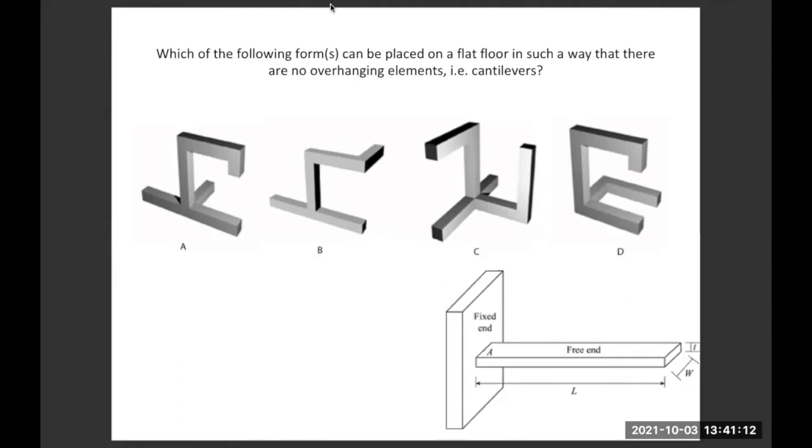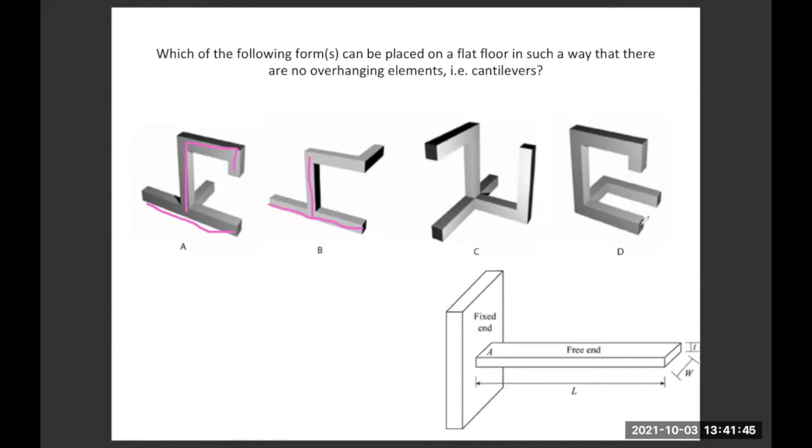So in this case, the correct answer is A, B, and D. If you place A along an axis where, what I'm drawing, this pink colored line, is kept on the floor, then there are no overhangs in option A. Similarly, in option B, if I place it in such a manner that this becomes the base, then there are no overhangs.